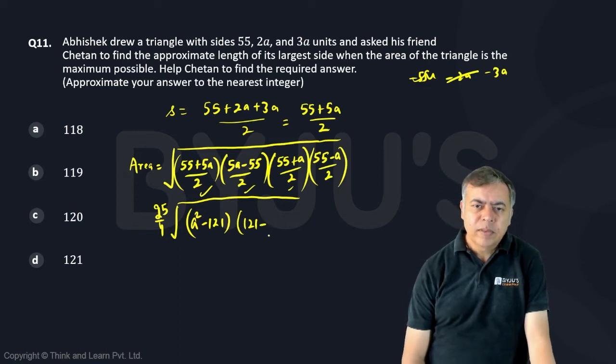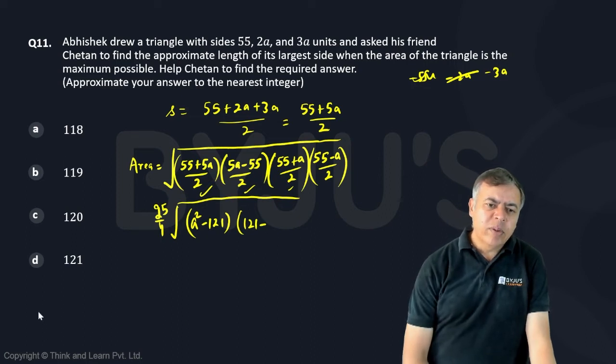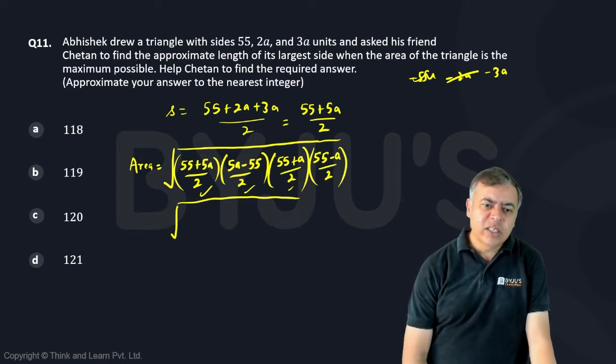But here we cannot take 5 common, because it is 55 plus a.